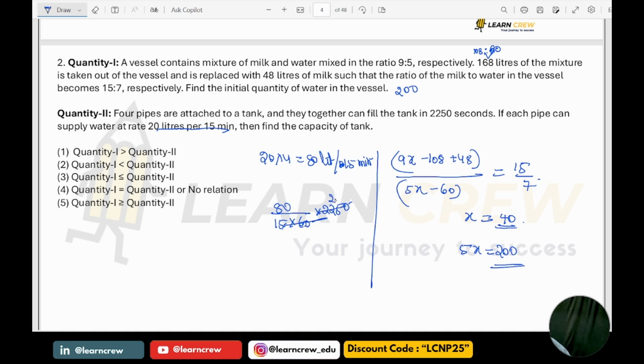Thereby the tank capacity is 200 liters. So 200 liters and 200, both are equal. So the answer is: both are equal, option 4.